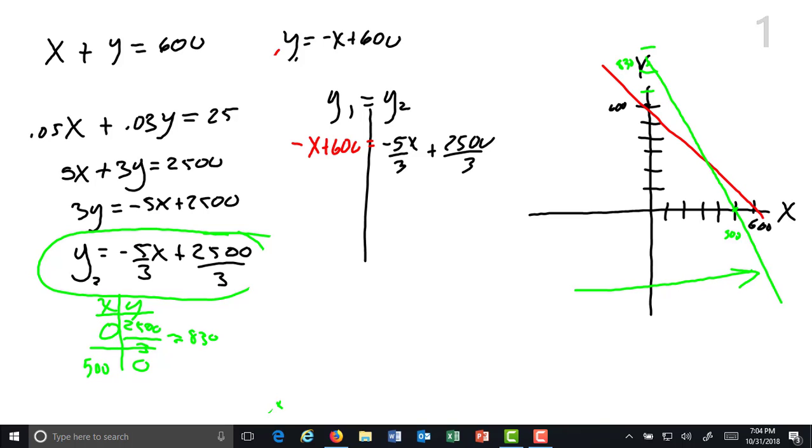Yes, by 3. And if we skip steps, we have to distribute, you see? That's going to be minus 3x, plus 1,800. This is a little tricky because you might make a mistake, but here, basically the 3's divide out, right?